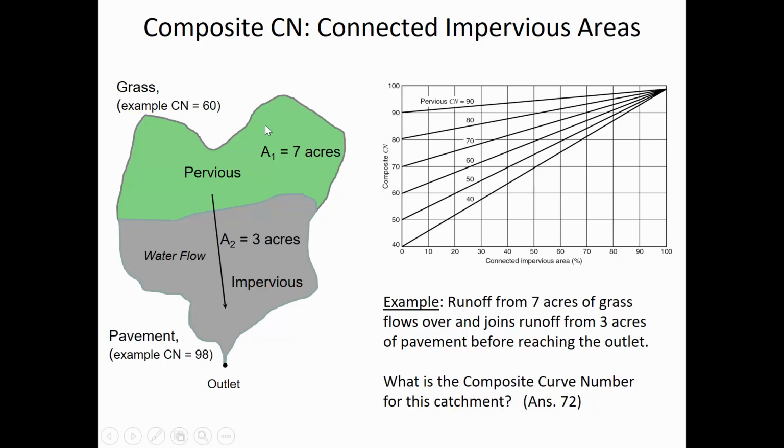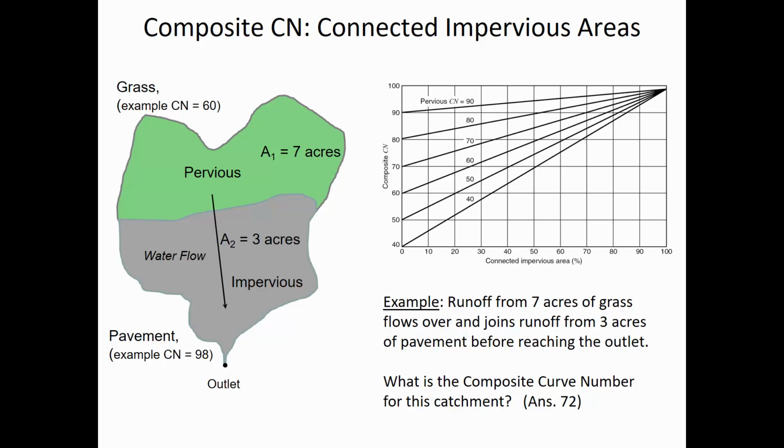But this pervious area is a section that maybe is grass with a certain curve number. In the grassy zone, some of the water is going to be infiltrating down into the soil. Some of the water is going to be running off, and the runoff portion is going to go to these impervious areas.